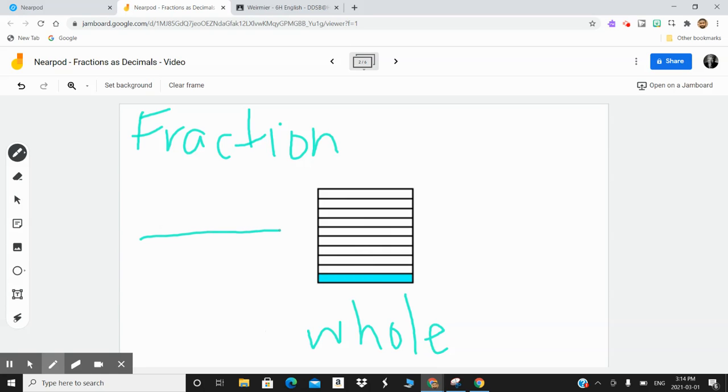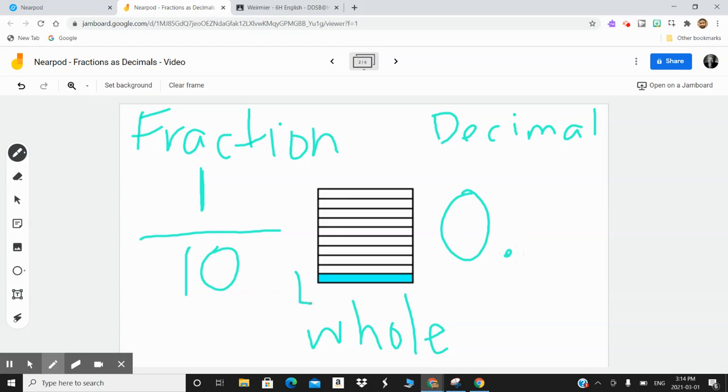So as a fraction, my whole was divided into 10 equal parts, and one of those parts is shaded. To write it as a decimal number, we have no wholes, right? Because this is one whole thing, and I'm not even getting all of it. So we would write 0 and 1/10, because this first space here is your tenths column.